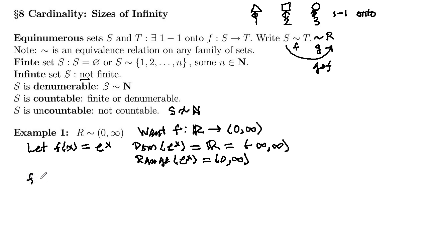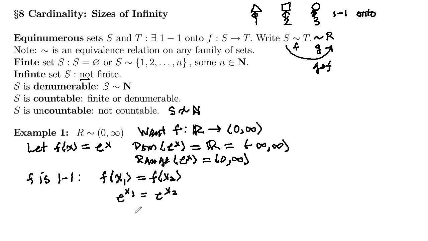So f is 1 to 1. To show this, we need to start with two function values that are equal. So suppose that f of x1 equals f of x2. And we want to go backwards and show that x1 equals x2. So this is saying here that e to the x1 is equal to e to the x2.